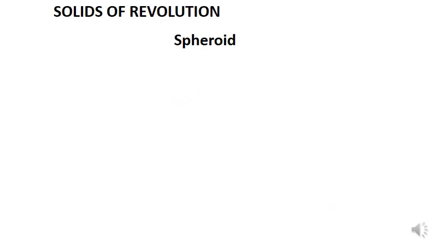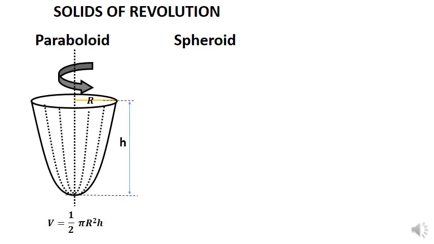Okay, now let's proceed to the solids of revolution. For example, we have a parabola. If a parabola is revolved about its axis, what we get is a solid called a paraboloid. The volume of the paraboloid is equal to this formula, 1/2 pi r squared h.